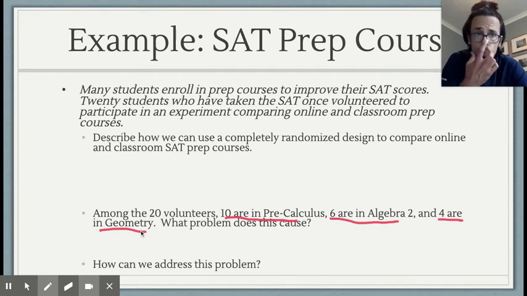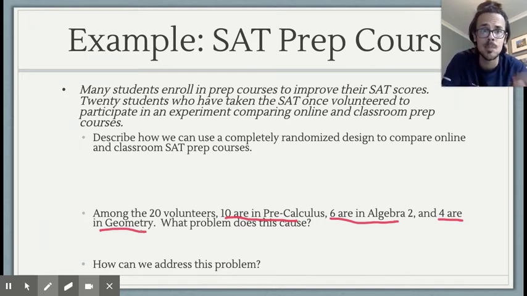What kind of a problem would this cause in terms of SAT scores and the value of this class? So think about that for a second and hopefully come up with something in your head. The biggest thing, I'm telling you the answer now, the biggest thing that this would cause is, depending on how much math you already know, this class probably isn't going to be as valuable if you don't know as much. Okay?